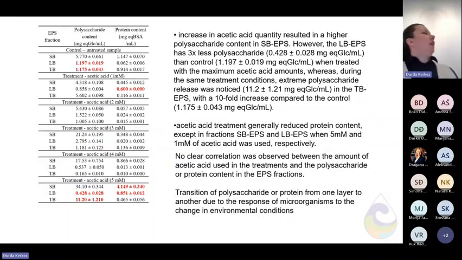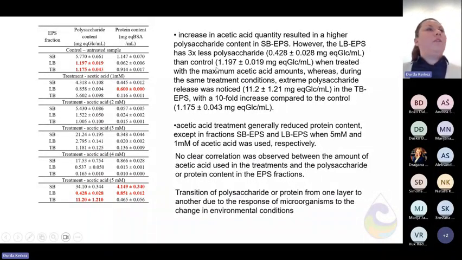Concerning EPS extraction, we have three fractions: soluble bound EPS, loosely bound EPS, and tightly bound EPS. Based on the applied treatment with acetic acid, from 1 to 5 millimoles concentration, practically we cannot correlate the amount of acetic acid with the polysaccharide and protein content in the EPS fraction.